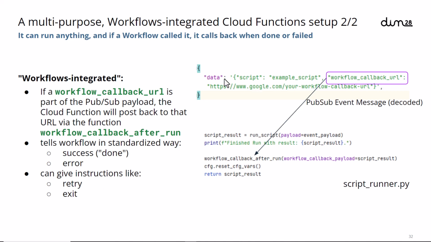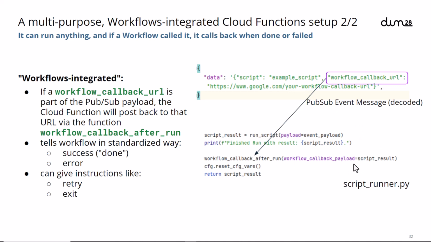Here we see the same payload again. In this case, we have a workflow callback URL as a second parameter. Then the Cloud Function, when it's done with the example script, runs this function workflow callback after run, and submits the callback payload.